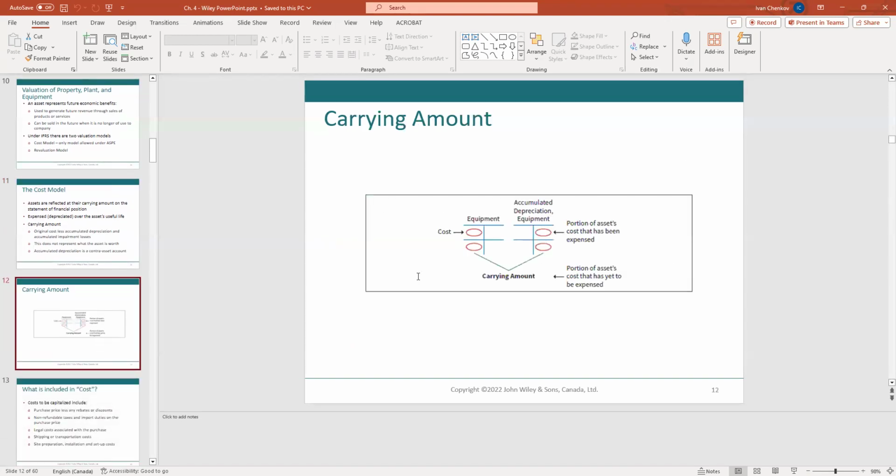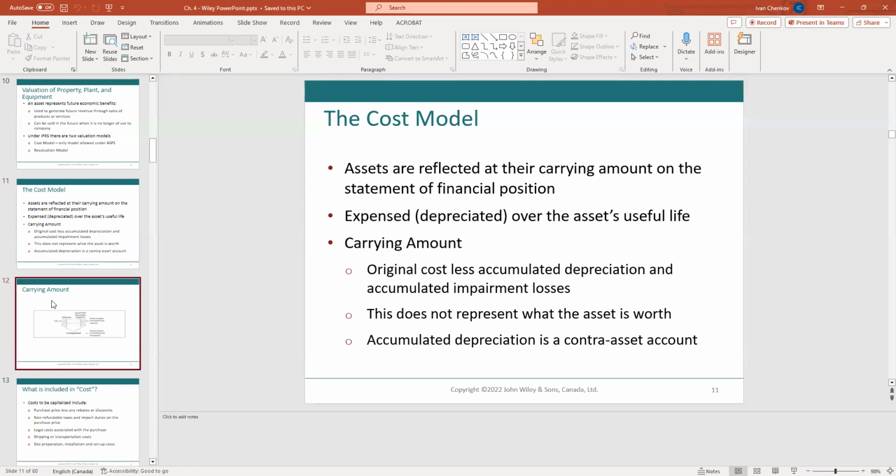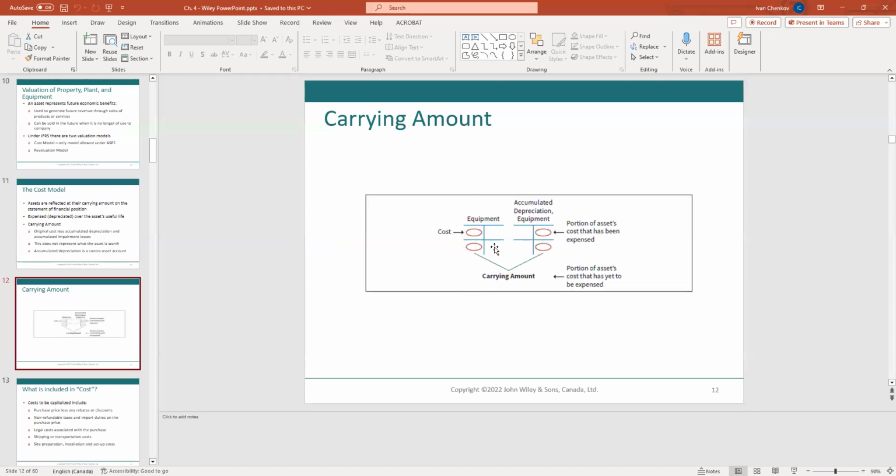So how is it going to work? We're always going to carry the account for the asset here, and the asset account is always going to go together with accumulated depreciation for that particular asset. So the cost minus the accumulated depreciation that we already took for using the asset is going to give us that carrying amount.